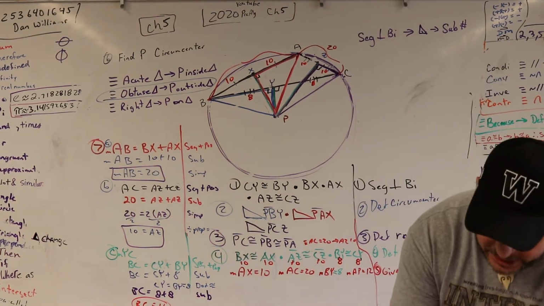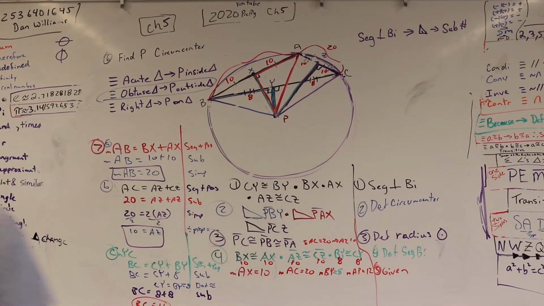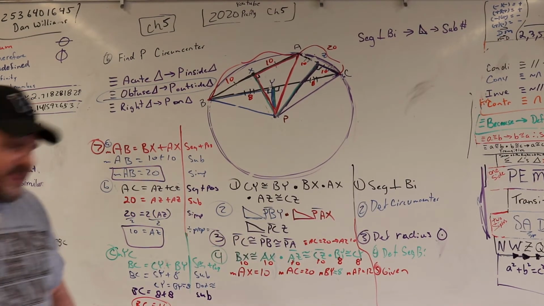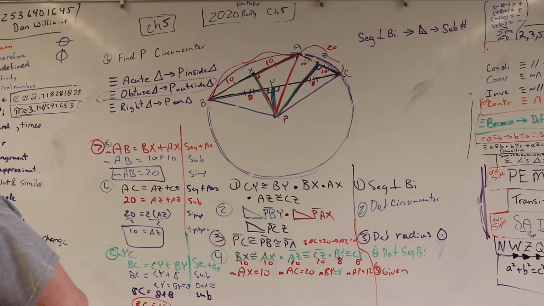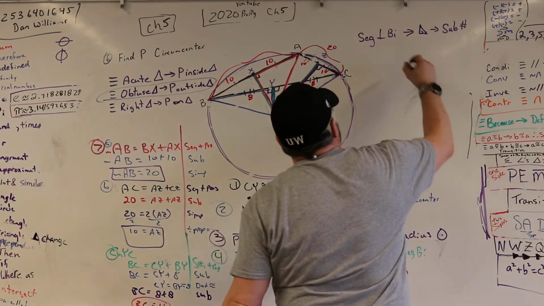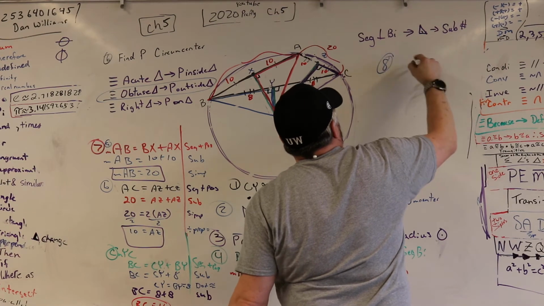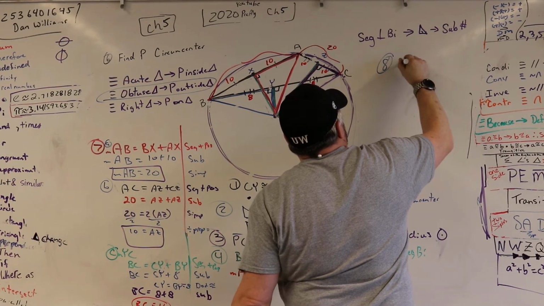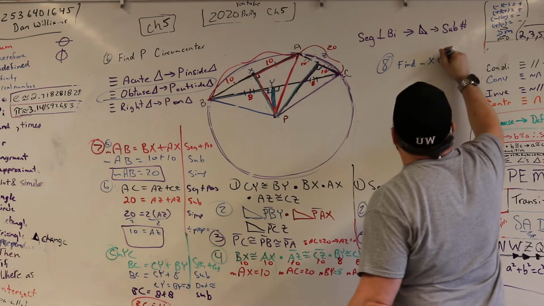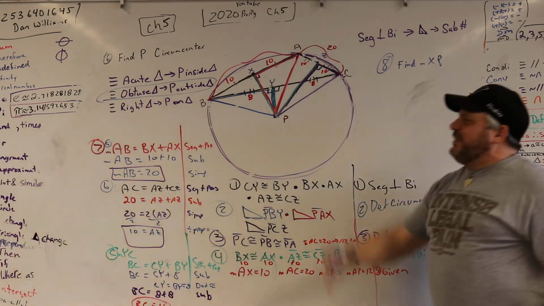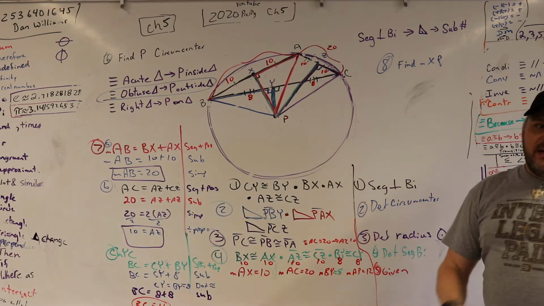So the last problem says this. It says, hey, we want to know what XP is. And that's a little more complicated. So, find the measure of XP. Now XP is something we haven't been given yet, right?